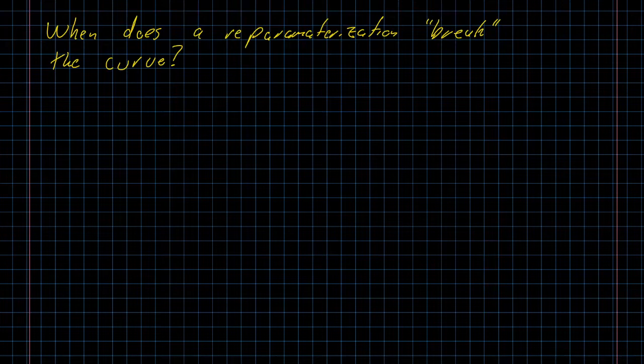when does a reparameterization break the curve? And I have break in quotations here because as we saw, it didn't actually change the curve any. It's still the exact same curve we had before, but we were missing half of it.